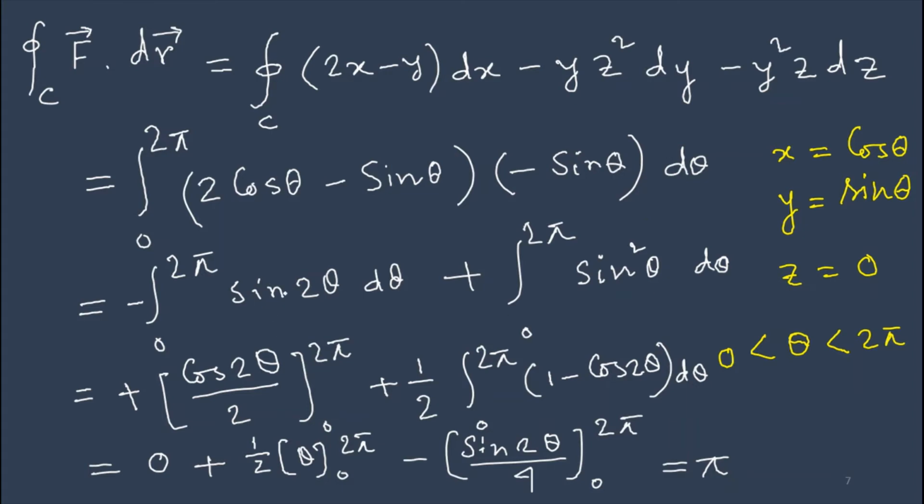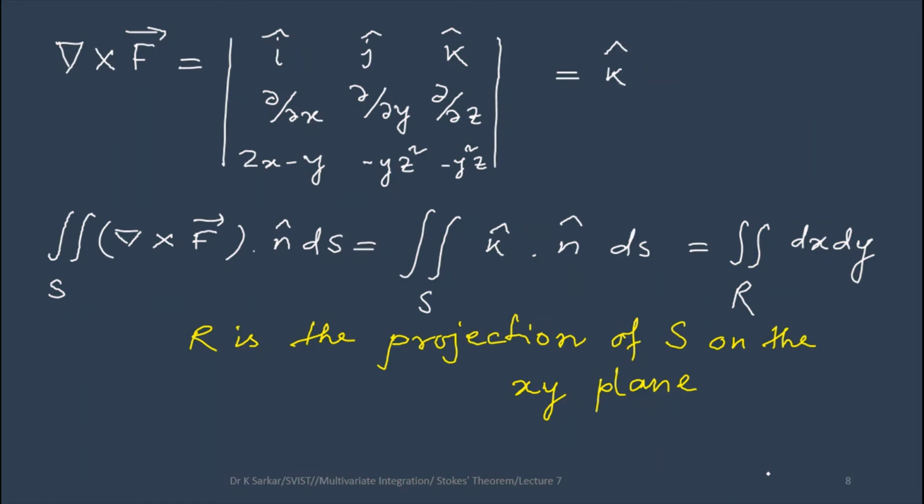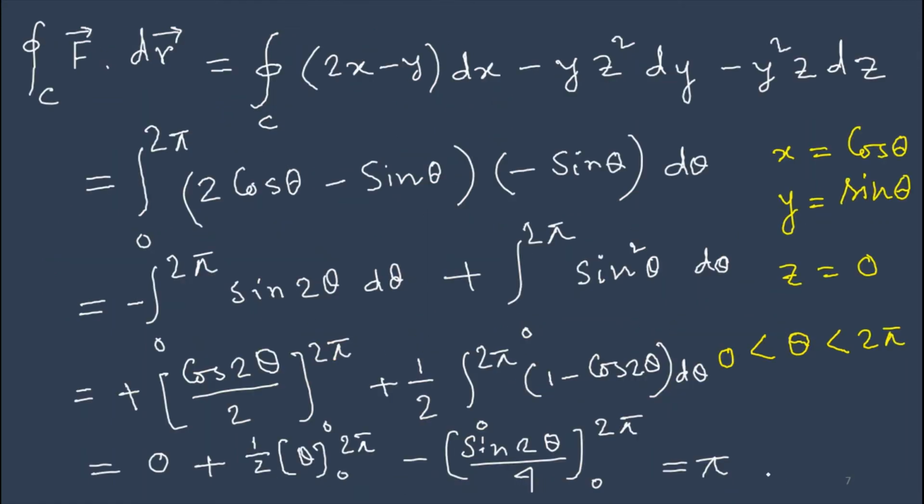The integration of sin 2 theta is minus cos 2 theta by 2, with limits 0 to 2 pi, and sin square theta can be written as half of 1 minus cos 2 theta. Then find the integration and you will get pi. So the left hand side, or the line integral, is found to be pi.